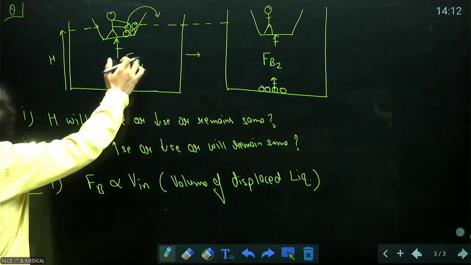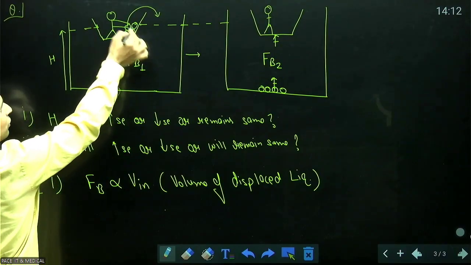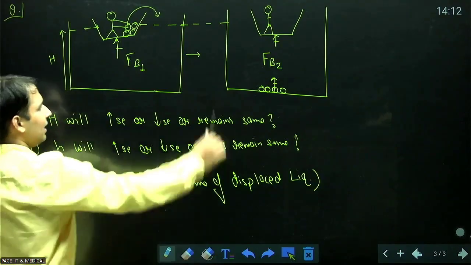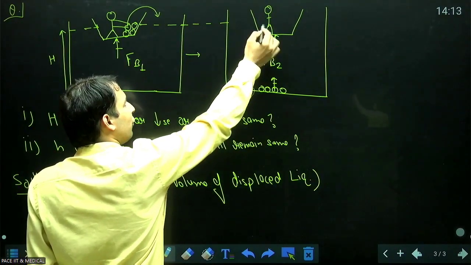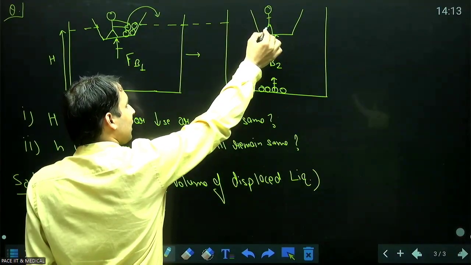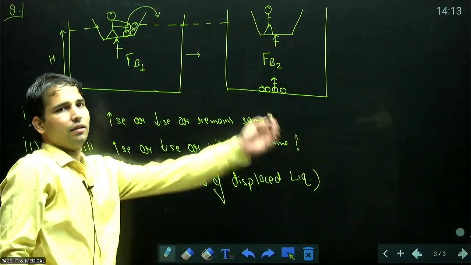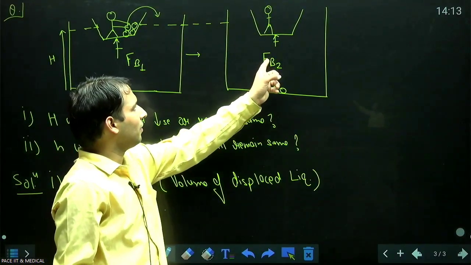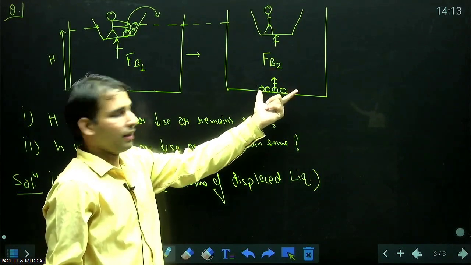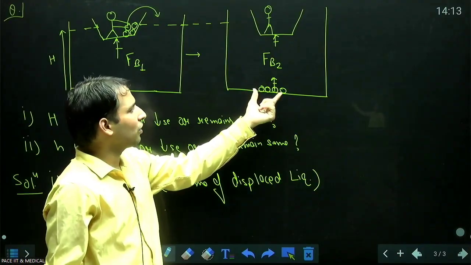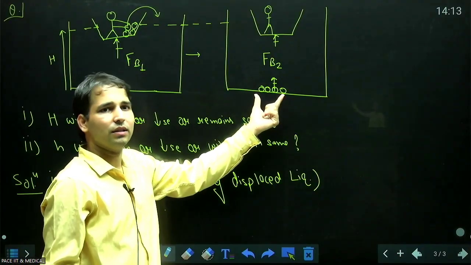So clearly in this case the buoyant force is holding the weight of stones plus boat plus man, and in this case the weight of the boat has decreased, right? Since the stones are thrown inside the water, the buoyant force acting on them will be less than the weight of these stones, right?